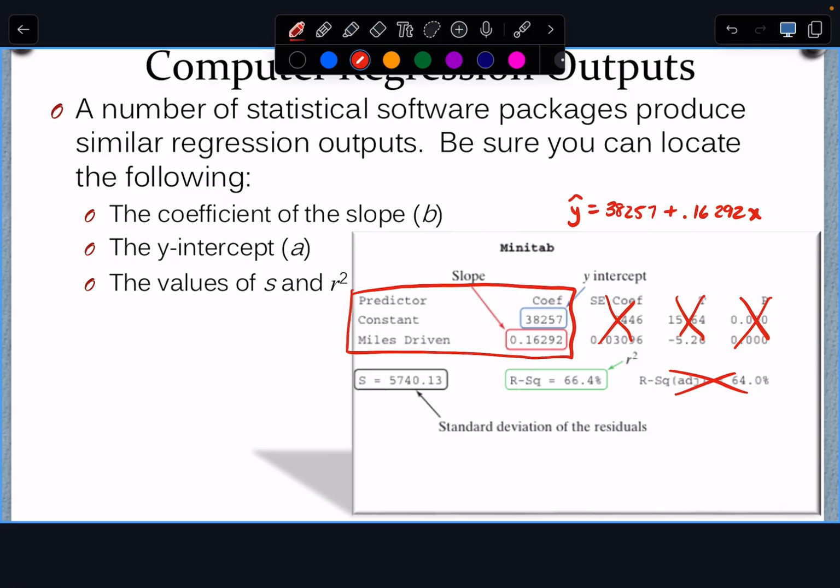The other one you want to be aware of is R squared. That value is going to have meaning as well, and we're going to talk about that in a little bit as well. So primarily, we're interested in setting up our regression line, so that's finding our y-intercept and slope. But then if they ask us to interpret different parts of the regression analysis, we're going to talk about residual standard deviation and R squared as well. So those are the pieces you want to be able to identify.